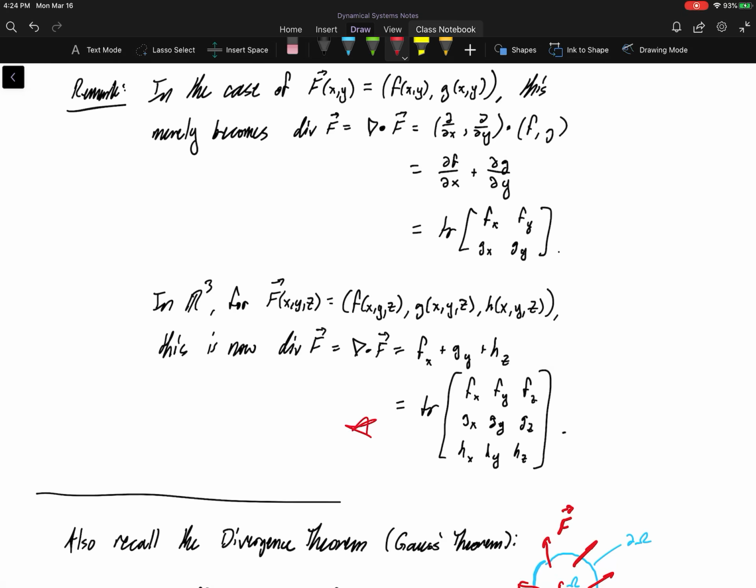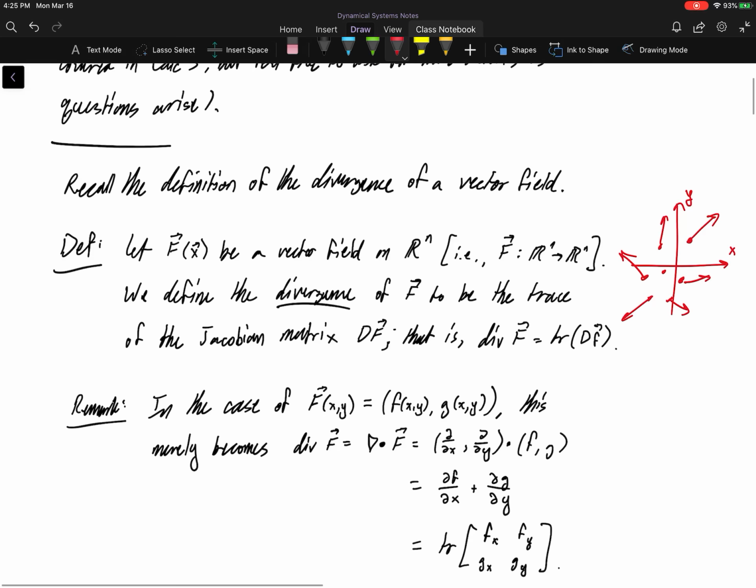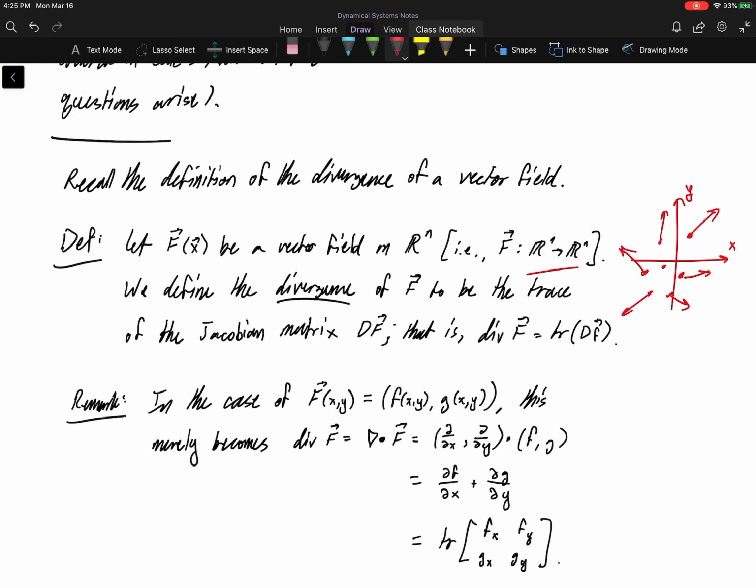And if we want to move this into 3 dimensions, then sure, you see the same exact phenomenon. It's just going to be summing down the diagonal of the Jacobian matrix itself. Okay, so divergence in particular only applies in this setting where we go from one dimension to the same dimension, or in particular we go from one vector space to the same vector space.